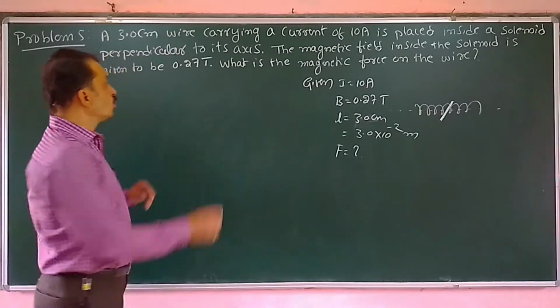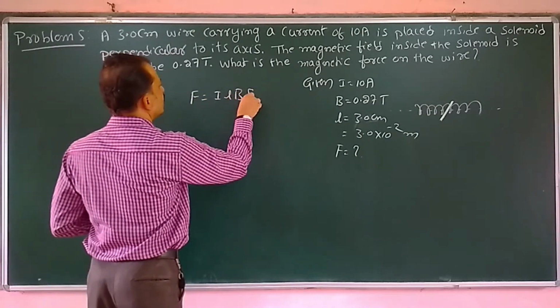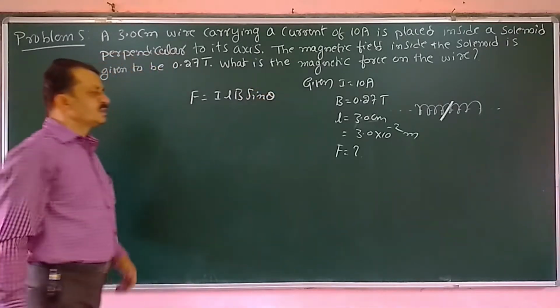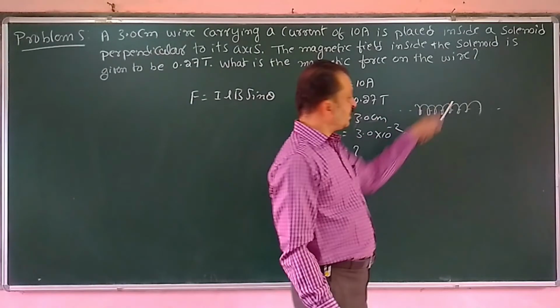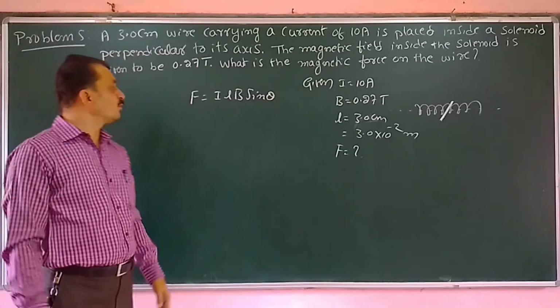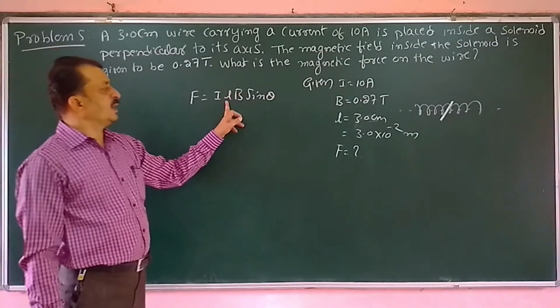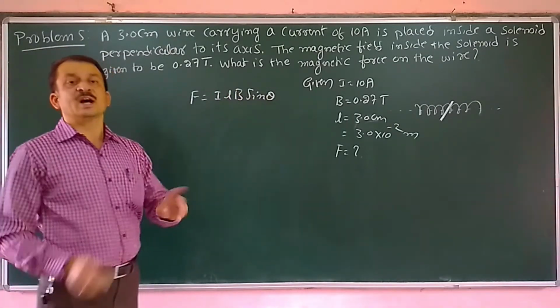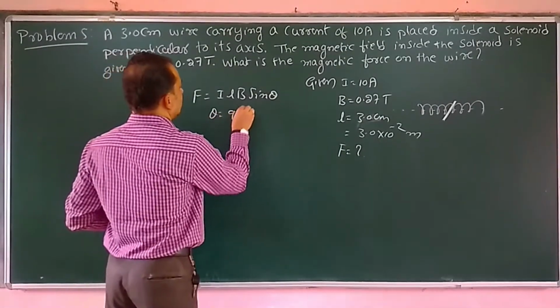Now the magnitude of the force is equal to I L B sin theta. Now here the conductor is placed perpendicular to the axis of the solenoid. So therefore the conductor L and B are perpendicular to each other. Now theta is 90 degree.